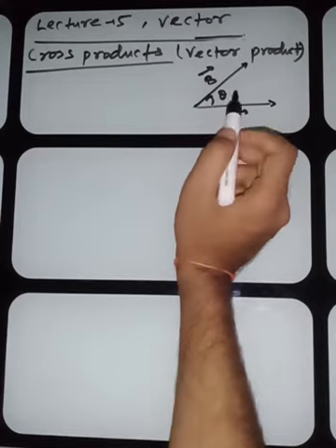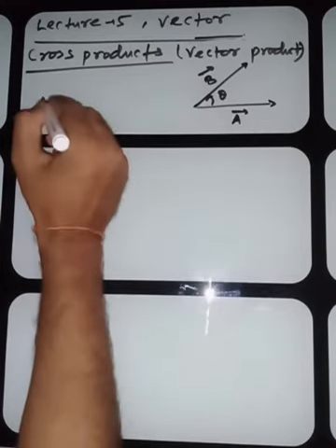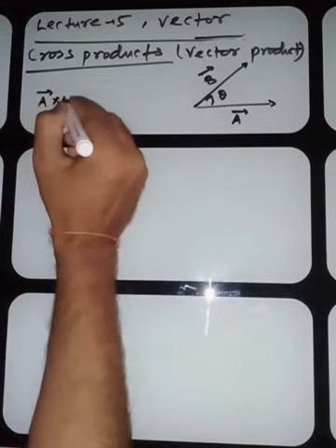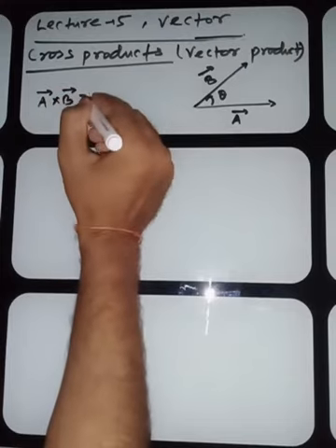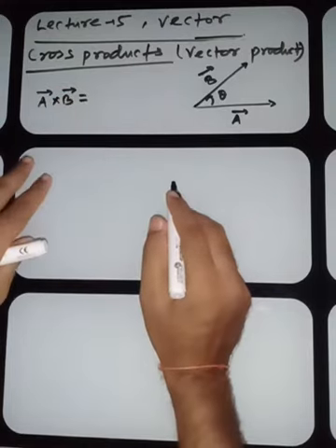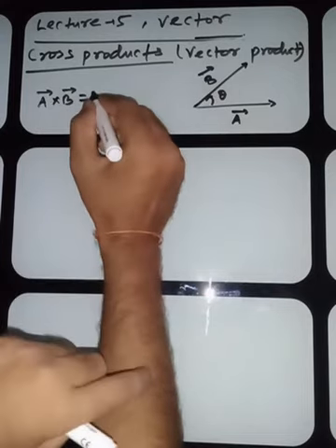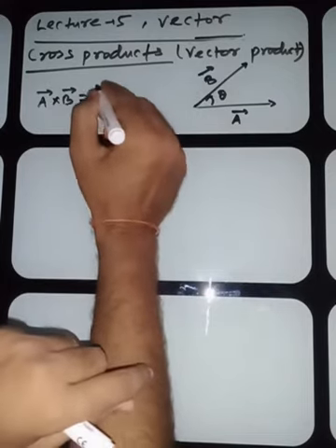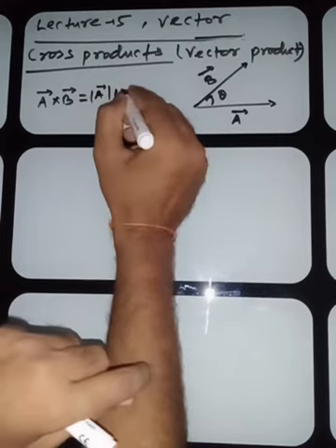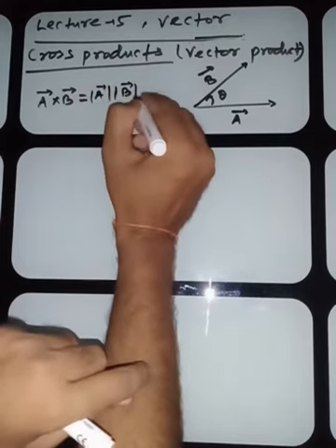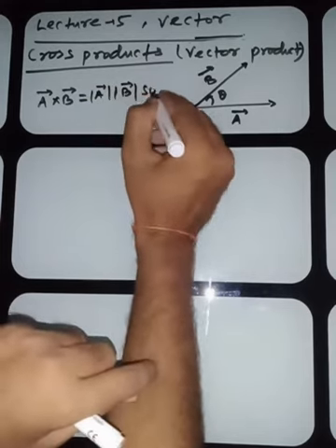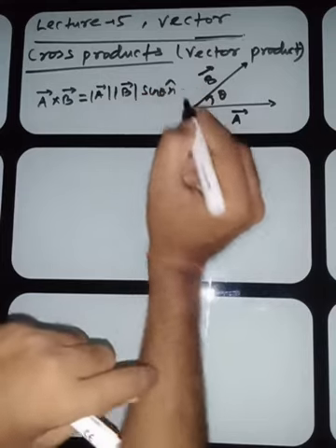Keep it in your mind. Now, A cross B is written as, this is a definition, the product of magnitude of A, magnitude of B, and sine of angle theta with a unit vector n.